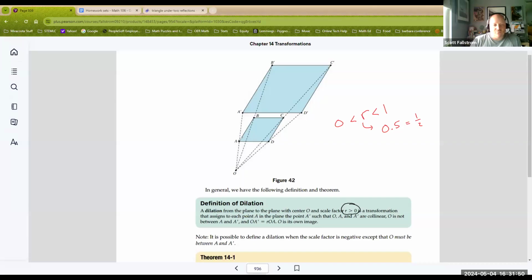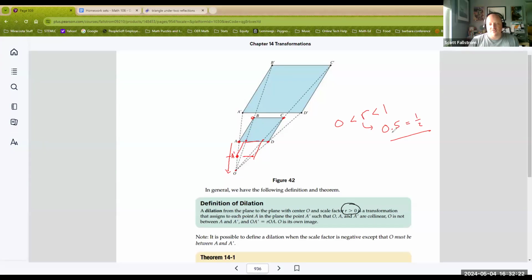So if I had the original A, B, C, D, and I used a ratio of 1/2, then I would take the distance from A to O, cut that in half, and that would be my new point. The same is true for B. Find the distance to B, distance to C, distance to D, and I would have this new shape here that would be at a ratio of 1/2 in terms of lengths.